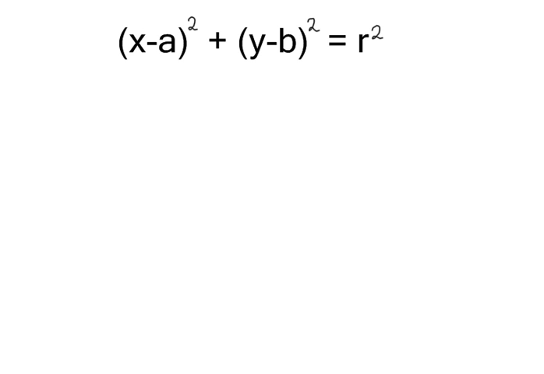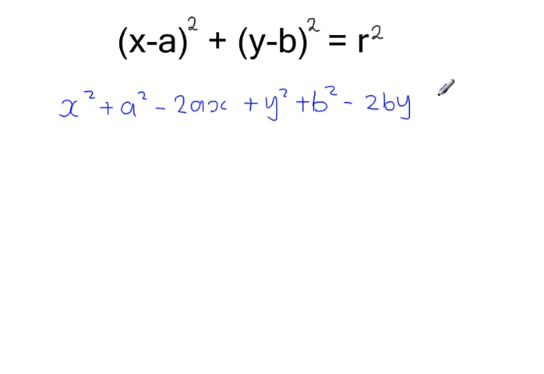If you take this general equation of a circle that's not centered on the origin, you can expand the brackets to get x squared plus a squared minus 2ax plus y squared plus b squared minus 2by is equal to r squared.